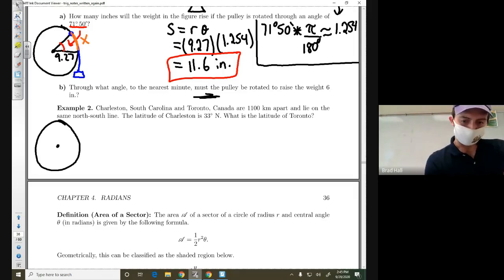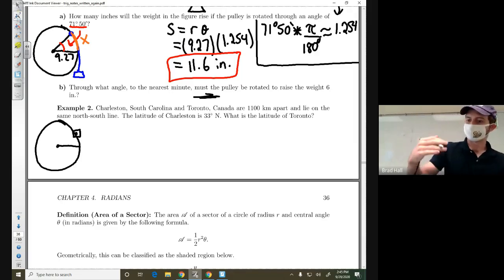So let's think of this as the equator. And it says 33 degrees north of that equator. It's going to be where Charleston's at. And then if you go up a little bit higher, that'll be where Toronto is at.